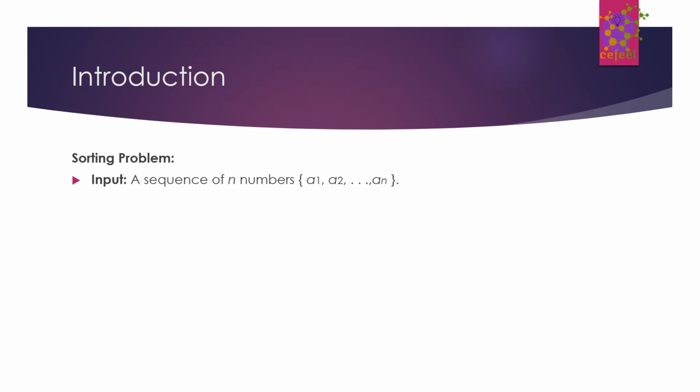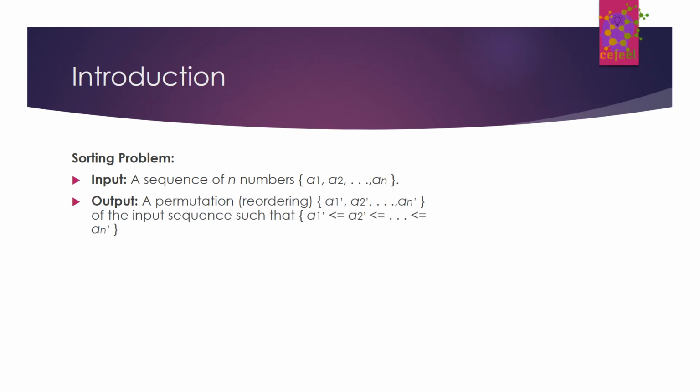Let's say we have as input a sequence of n numbers, a1 to an, in a mixed order, and the required task is to order these numbers in ascending order.